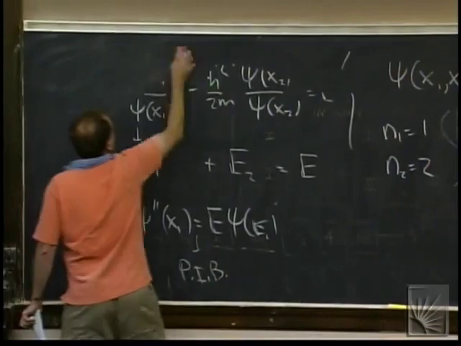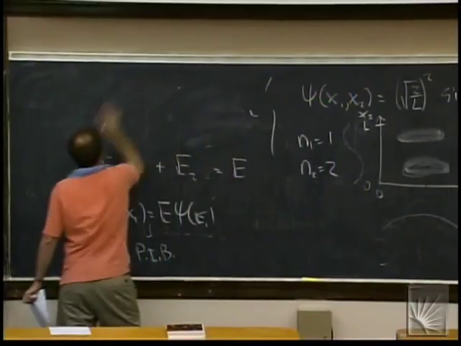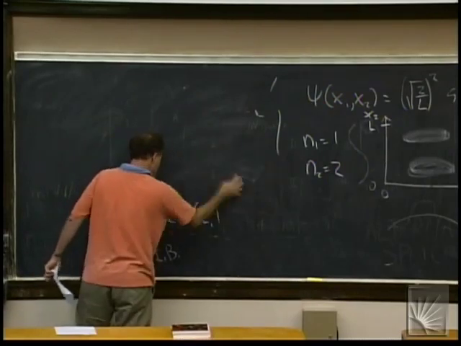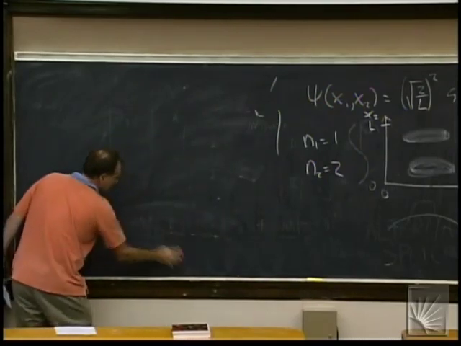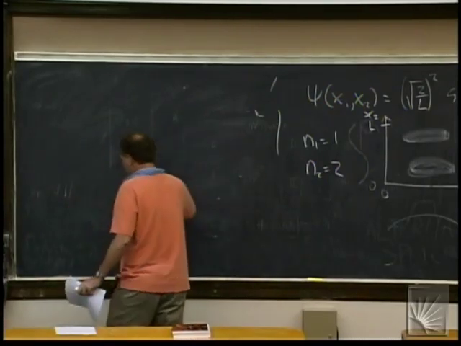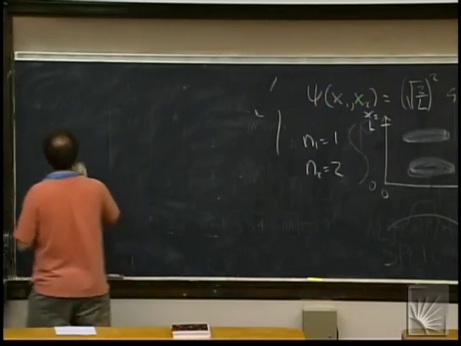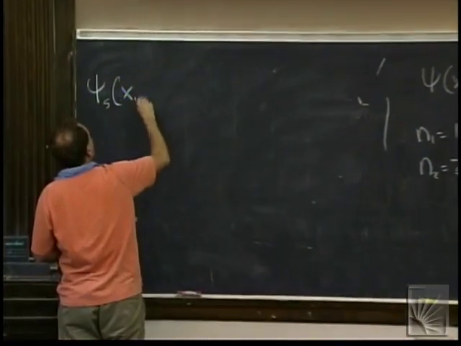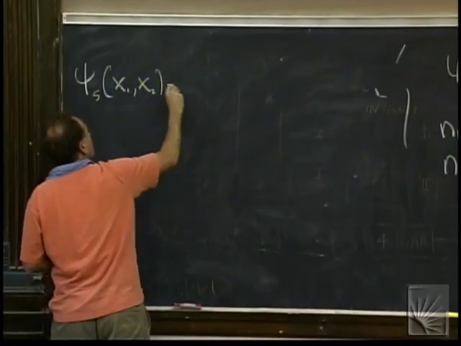Let me just erase all this. And in fact, that wasn't the only way I could have done it. Let me just rewrite what I just did. So psi, I'm going to put an S here, which I'll explain in a second.